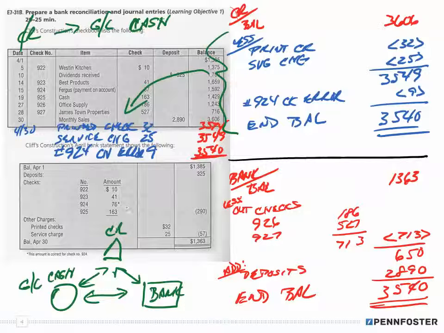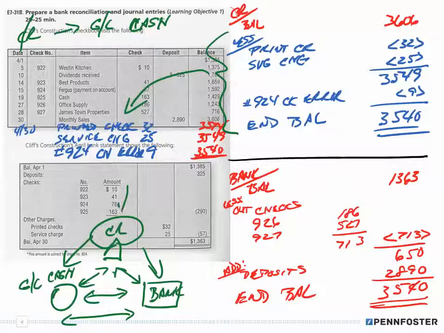Yes, when you're doing a bank reconciliation, you're reconciling your check register to your bank account, but your check register should match your general ledger cash account. So that when the auditor comes in, he's going to want to look at your general ledger cash account and the bank statement to see that you have the correct cash balance.